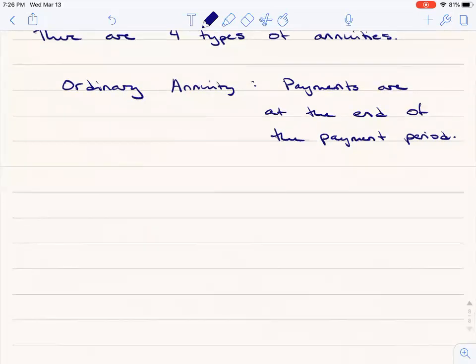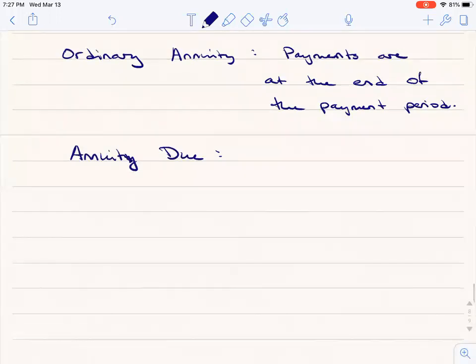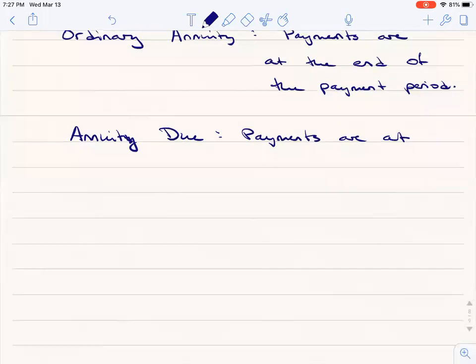An annuity due is when payments are at the beginning of the payment period.